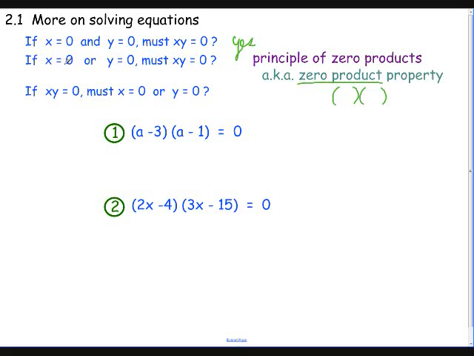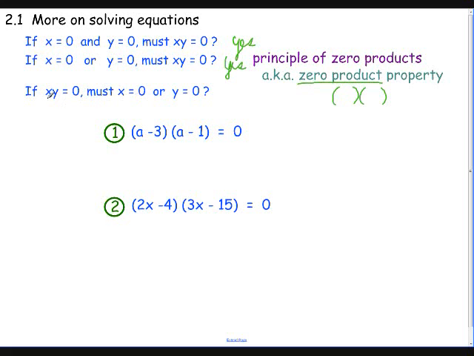If x is equal to 0 or y is equal to 0. So now in this case, the second case, one or the other, but not both. Must this be equal to 0? Yes, anything multiplied by a 0 is equal to 0.